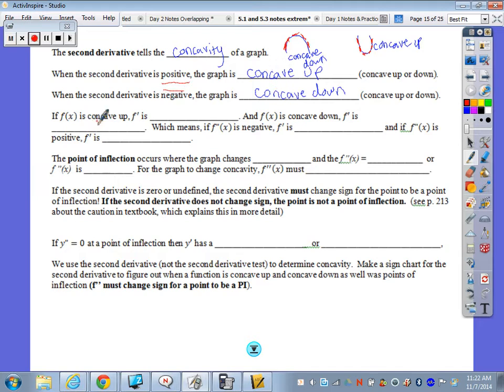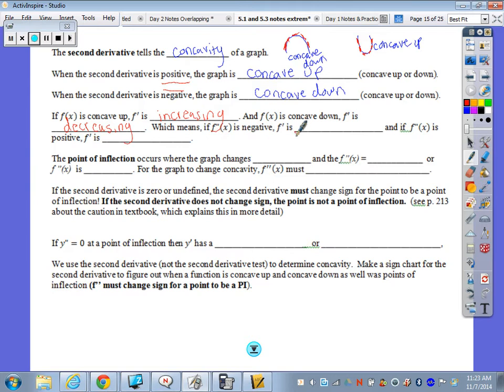For f of x, if f of x is concave up, we said this before, f prime is increasing. And if f of x is concave down, f prime is decreasing, which means if the second derivative is negative, then my function is concave down.